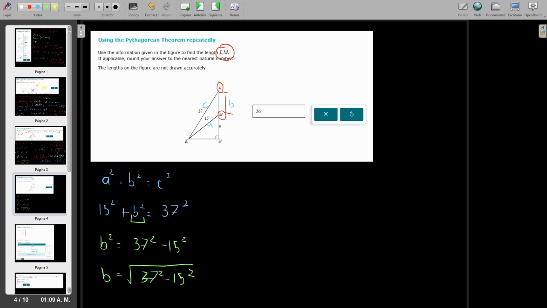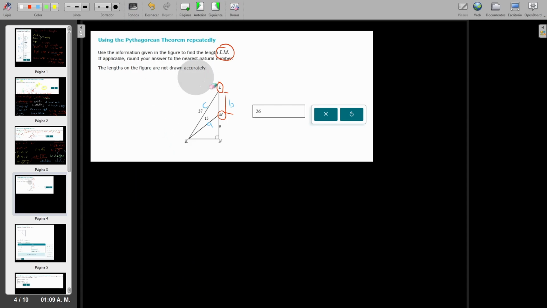Yes, I have checked this, and I need to make some corrections. I'm going to be erasing this. I need to be explaining something interesting about this circle. The Pythagorean theorem only works on right triangles.